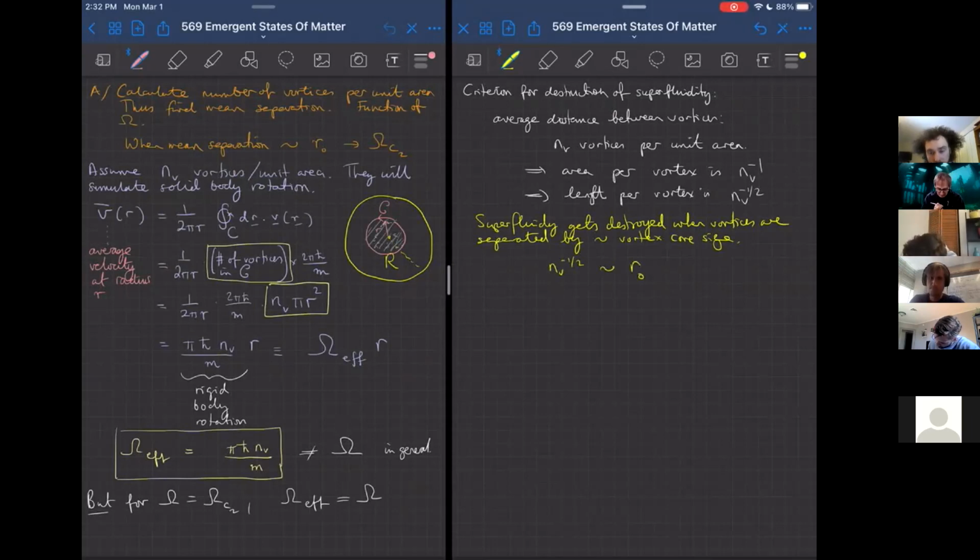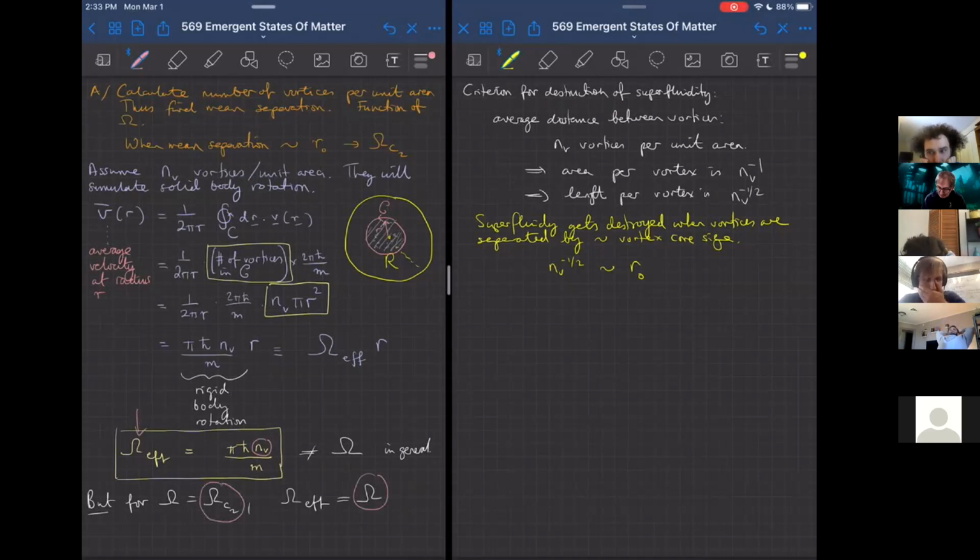Okay, well, why is this helpful? Well, we know that the effective omega depends on NV. Okay, so here is NV over here. That defines this omega effective, and this omega effective is equal to omega when we're at this upper critical rotation rate.